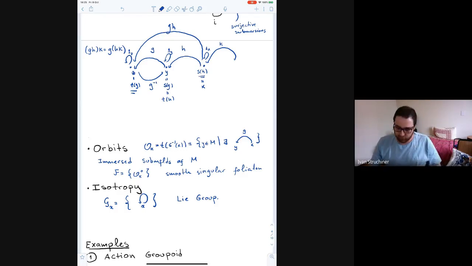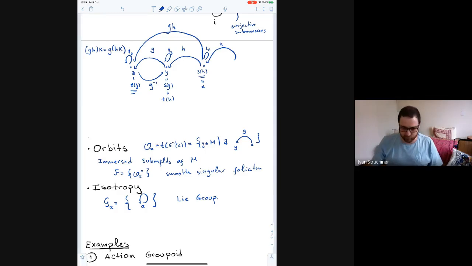So all of these arrows are composable because they all finish where the other one starts. They all finish and start at the same point. So you can compose them, you can multiply them, and this gives you the structure of a Lie group, which is attached to the point. And these are the two basic structures attached to a Lie groupoid.